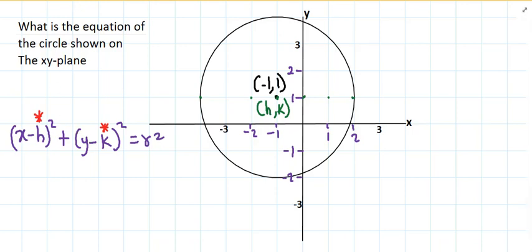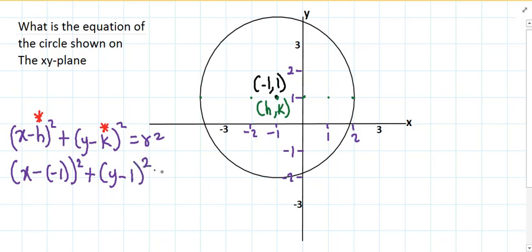So what do we know? Let's now plug these values into the formula. We'll have x minus h, which is the x coordinate of the center, which is -1. So x minus (-1), please don't forget that, all squared, plus (y minus k), and k is just 1, so (y minus 1) all squared equal to our radius, 3 squared.